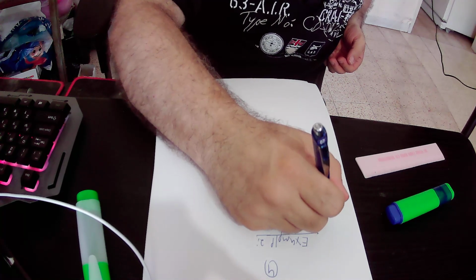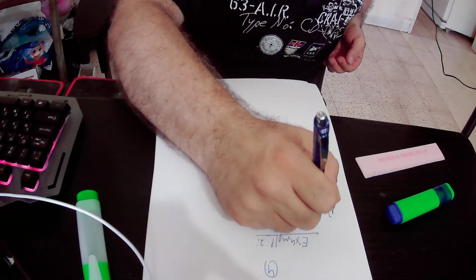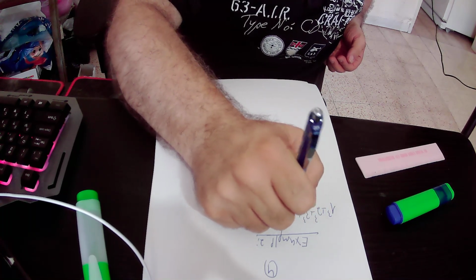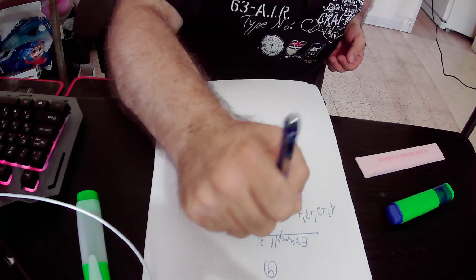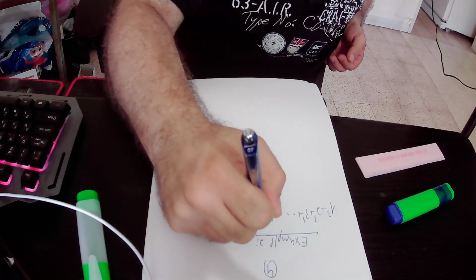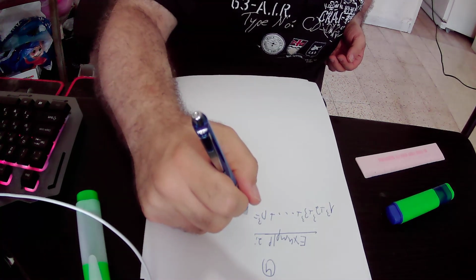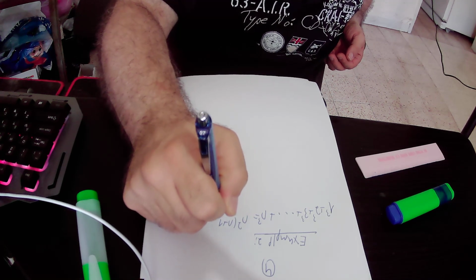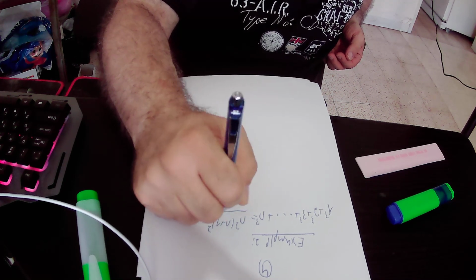One to the power of 3 plus 2 to the power of 3 plus 3 to the power of 3 plus n to the power of 3 equals to n squared times n plus 1 squared, all divided by 4.